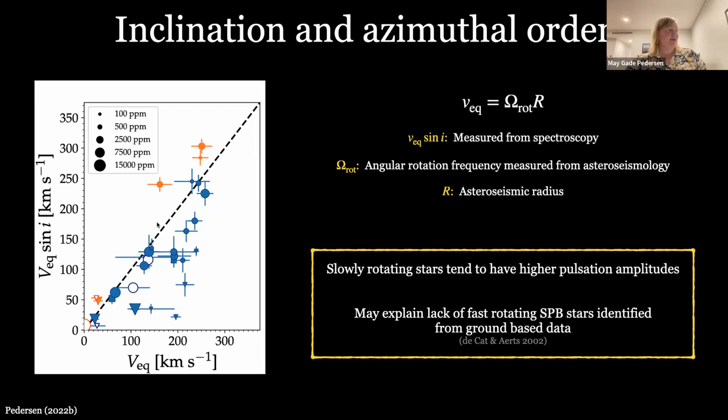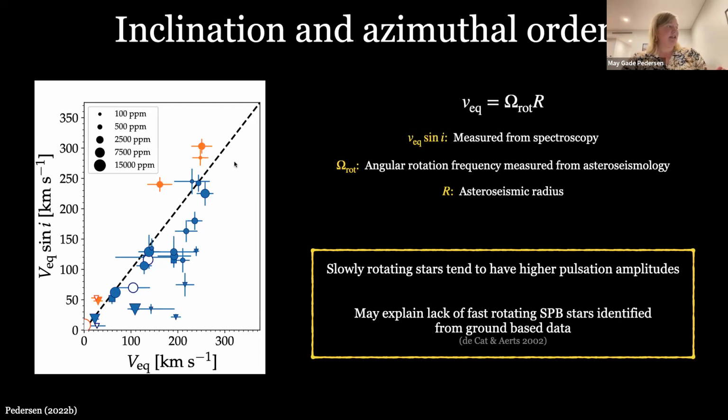So in the figure here on the left, I'm showing you what the V sin i values are compared to the derived equatorial velocities under the assumption that the stars are rigidly rotating. The size of the symbols corresponds to the highest amplitude signal that's included in the period spacing pattern.